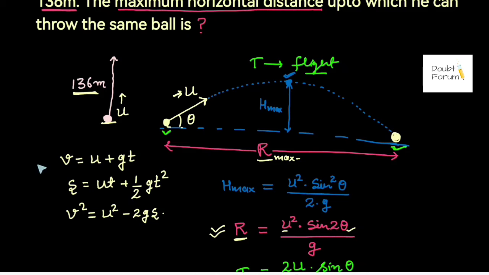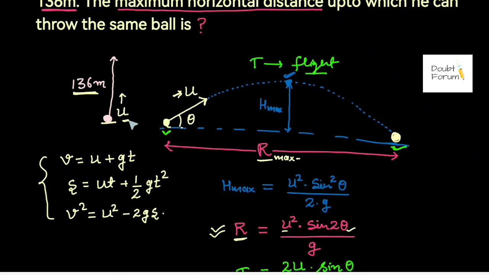These are the three equations of motion for a linear motion. Here we need to calculate u, the initial velocity.